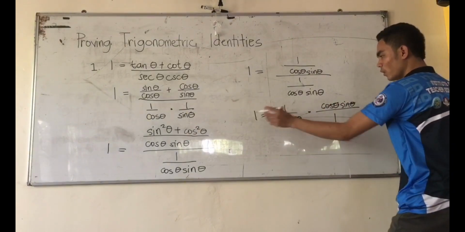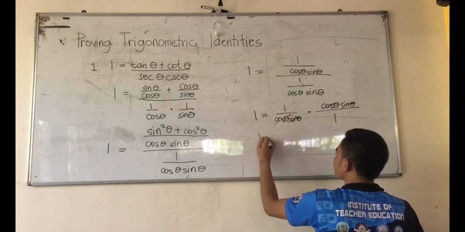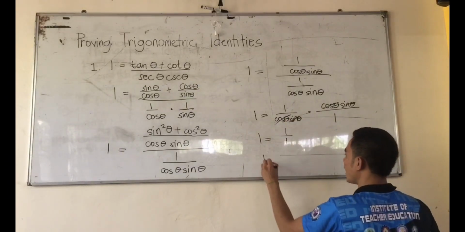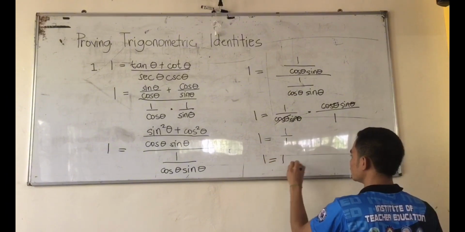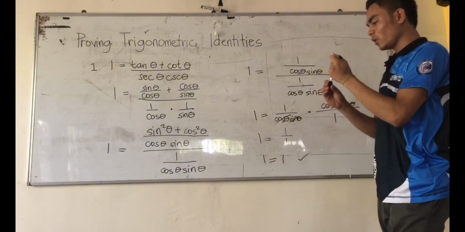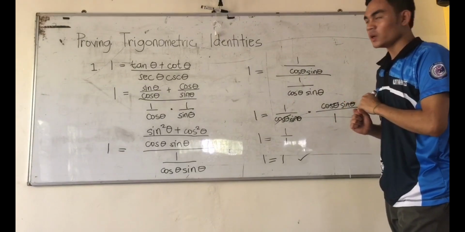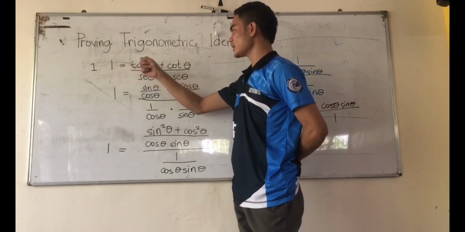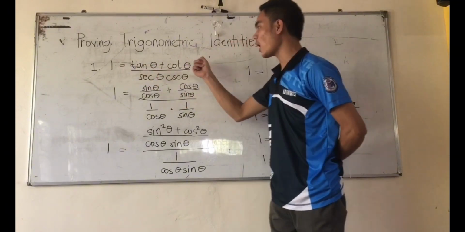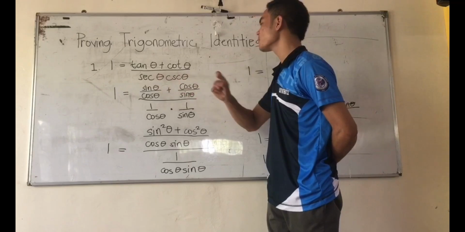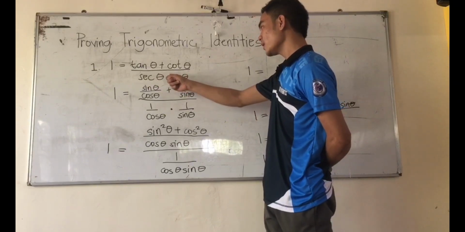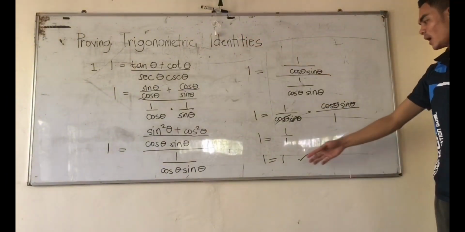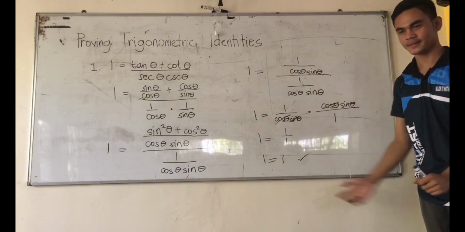So we are left with 1 over 1, or 1. So 1 is equal to 1. So check. So we proved that 1 is equal to tangent theta plus cotangent theta all over secant theta cosecant theta is equal to 1. So therefore, we have proven it.